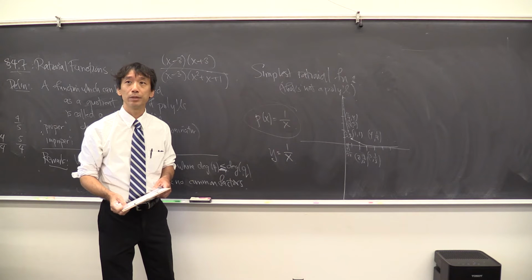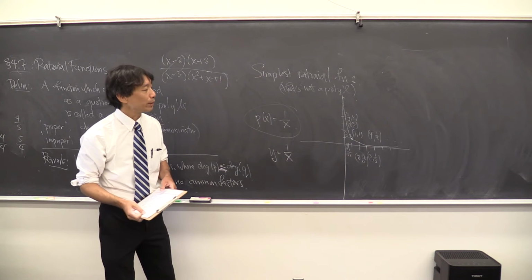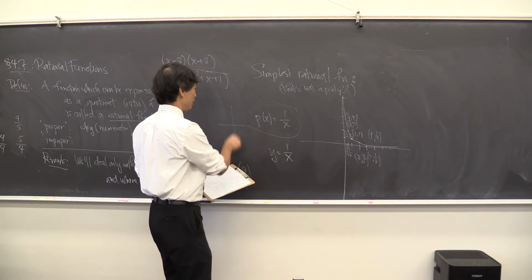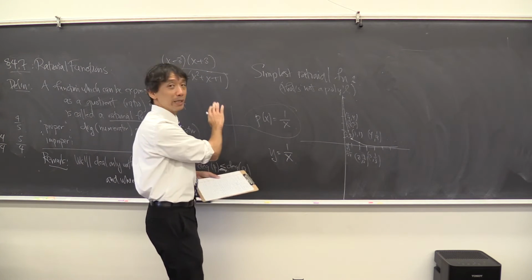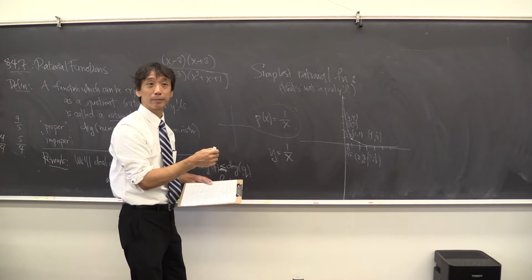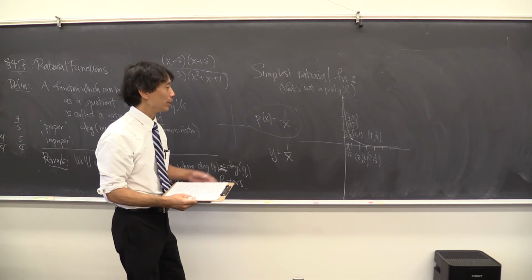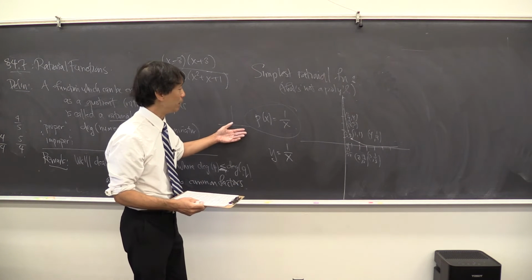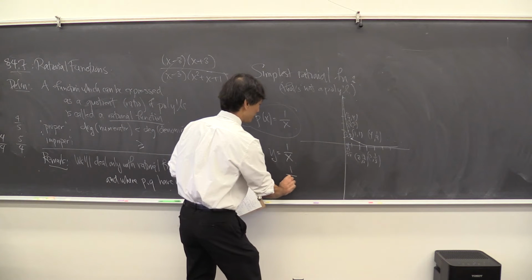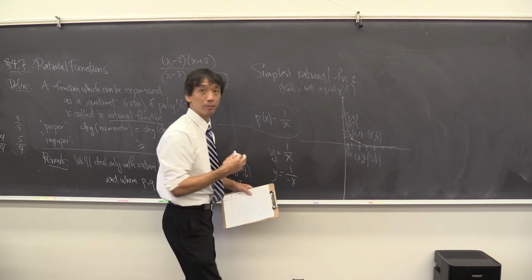Symmetry about the line y equals x. Well, I guess I was more asking about the replace x by negative x, replace y by negative y sort of thing. Is it symmetric? If I replace x by negative x, do I get the same thing?